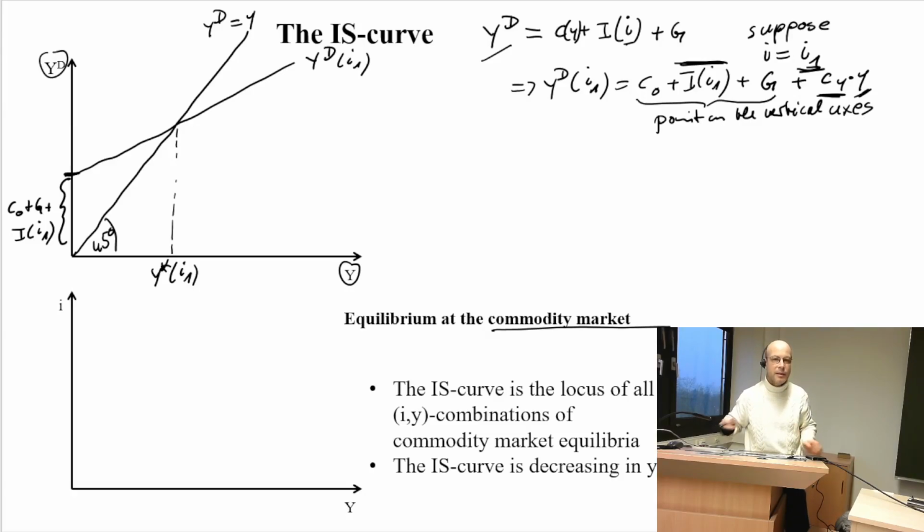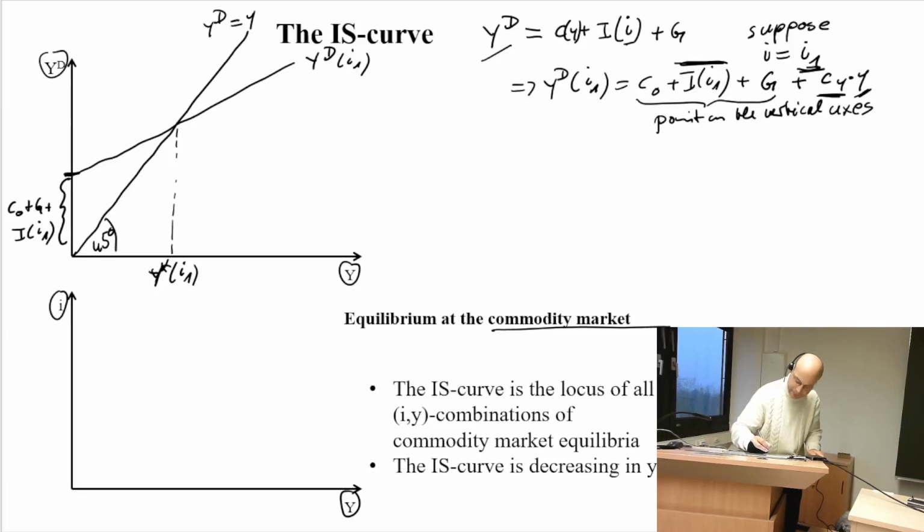And then in this picture, at first nothing changed, but now our equilibrium income is dependent on this specific interest rate. And now we put this into a new diagram, vertical axis interest rate and horizontal axis income.